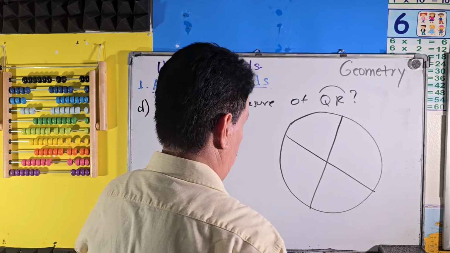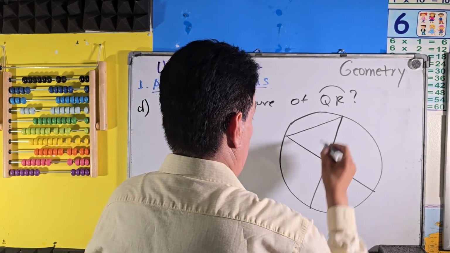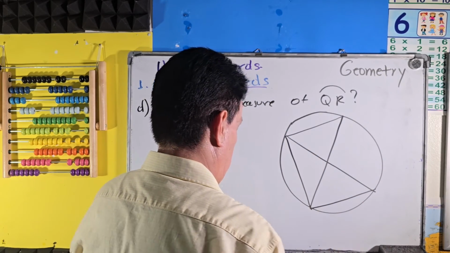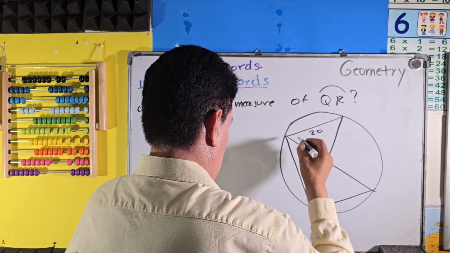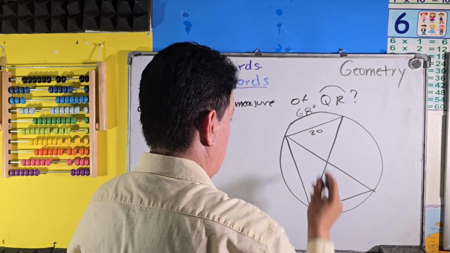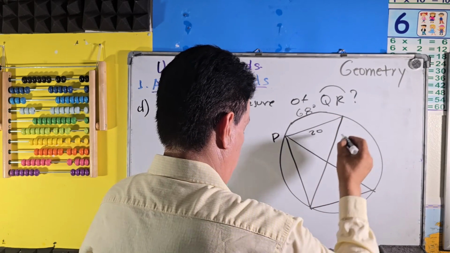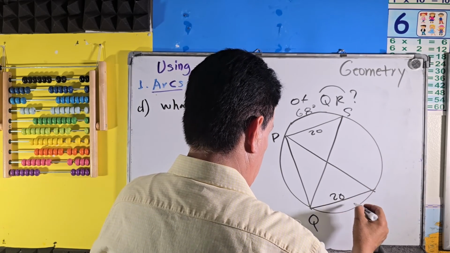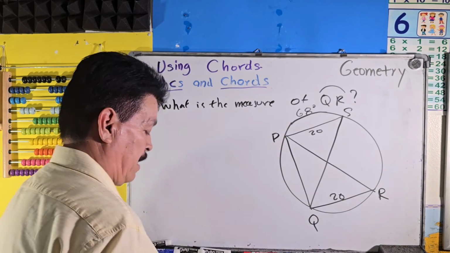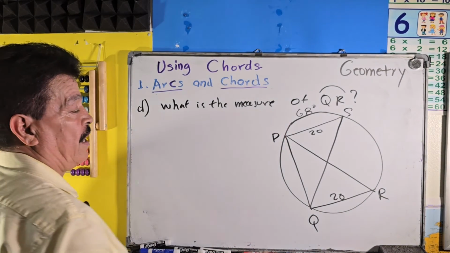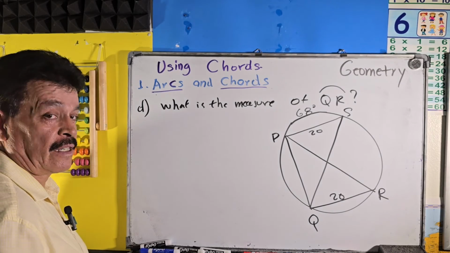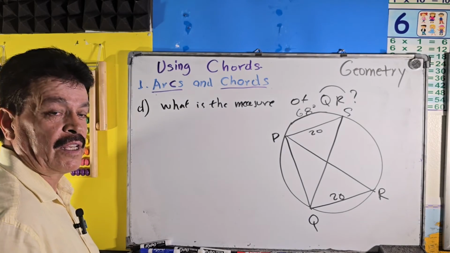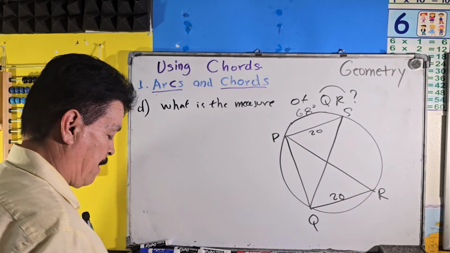The graph of the circle, and right here this is 20, this is 68 degrees. This is P, this is S, Q is 20, and this is R. Okay, that's our picture. We have to find the measure of arc QR.